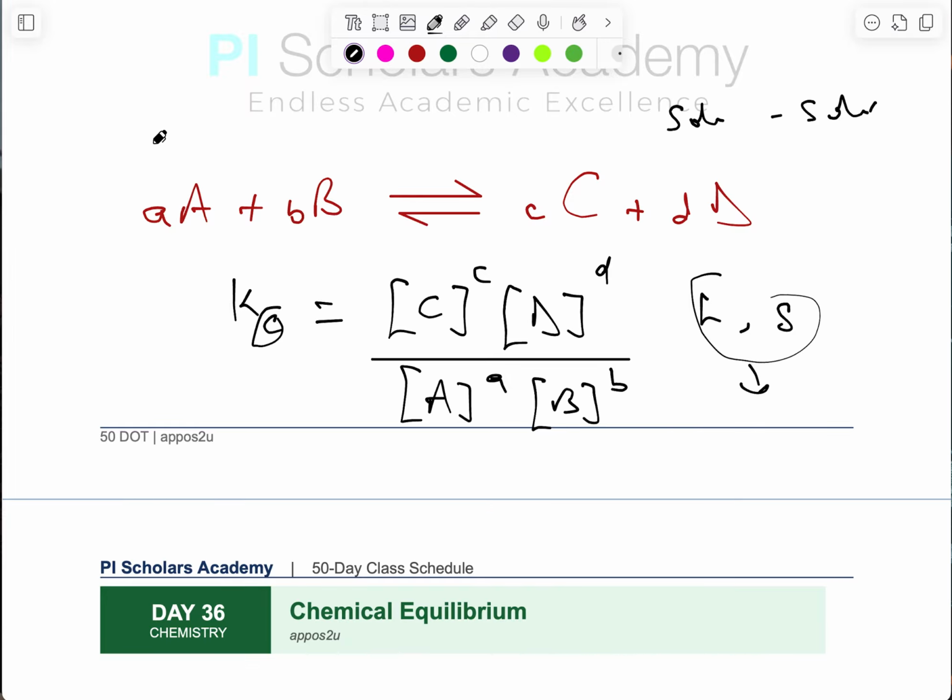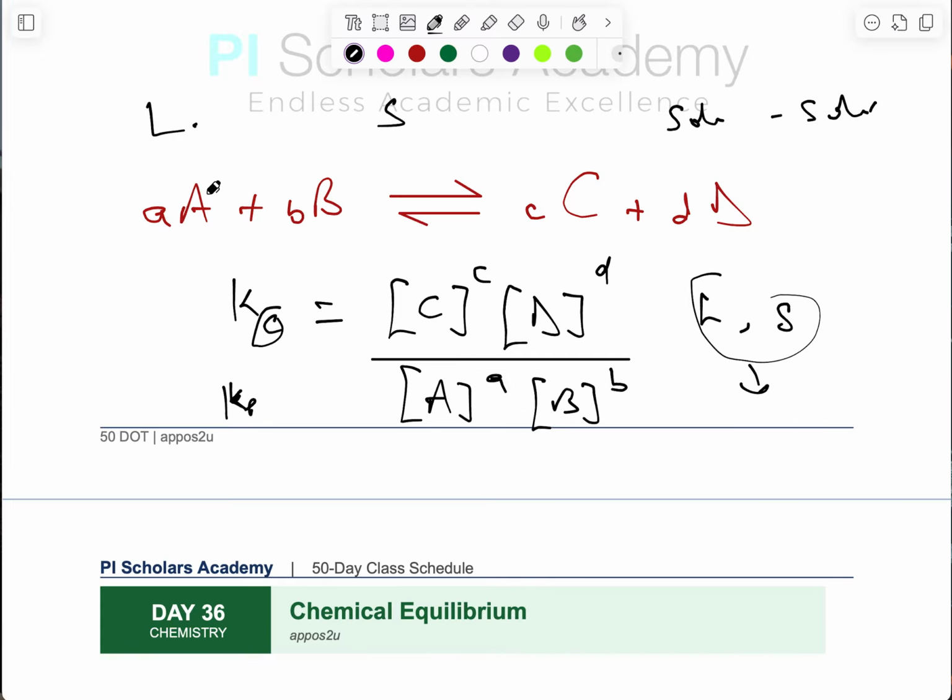But the moment you're talking about a pure liquid, nothing is being dissolved inside, or a pure solid, it is not dissolving inside something, then those, we don't include them in this entire thing. So most of the time, we're going to be dealing with aqueous solutions. And if gases are involved, we deal with Kp, the equilibrium constant in terms of pressure. And we just apply it the same way as well.